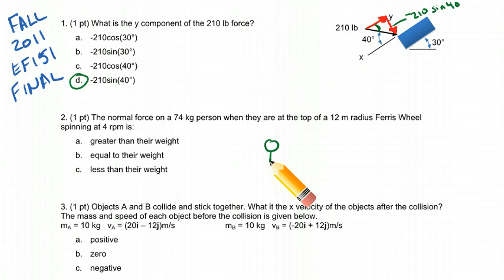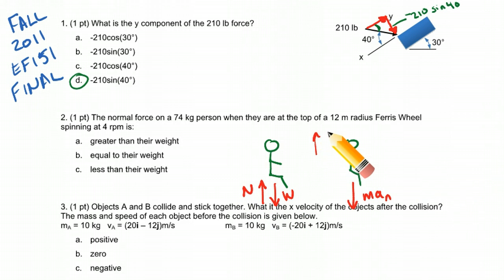We usually drew a free body diagram and a kinetic diagram. You don't have to do this for the exam, but this will help explain here. Okay, and we're at the top, so the mass times normal acceleration vector is pointing towards the center, so it's pointing down. The weight is pointing down, and the normal force is pointing up.